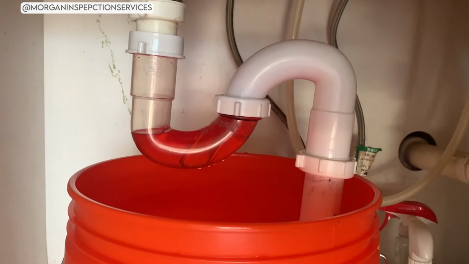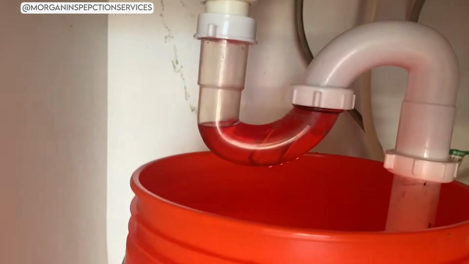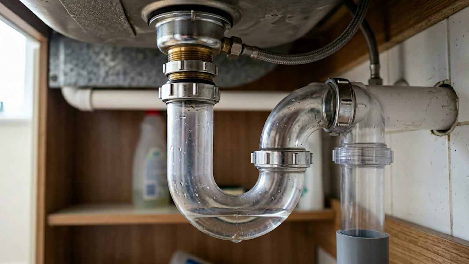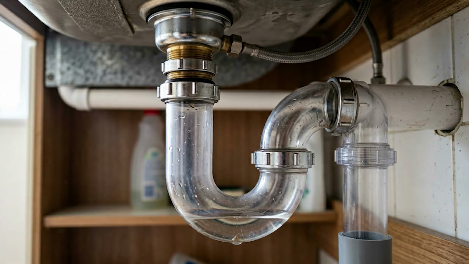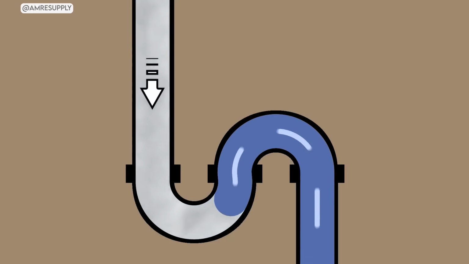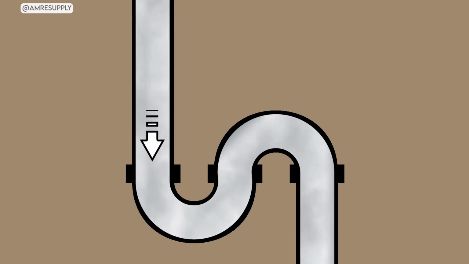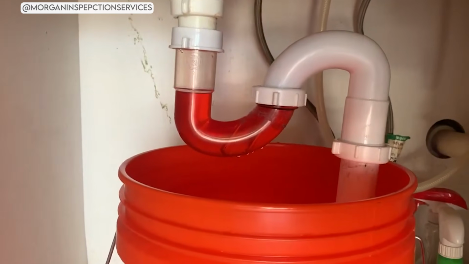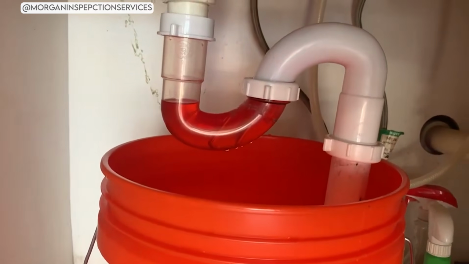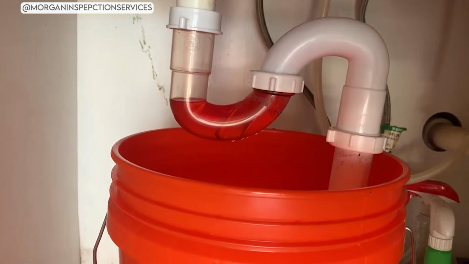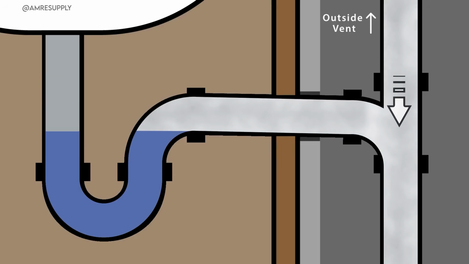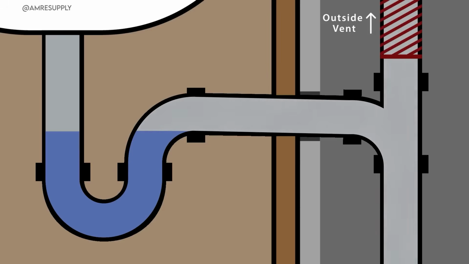The third thing you need to understand is the siphoning effect. And this is the big one. This is the primary reason S-traps are banned. When water flows down through an S-trap and makes that final downward turn into the floor, it creates a column of falling water inside the pipe. That falling column of water acts like a piston. It pulls the air and water behind it downward with surprising force.